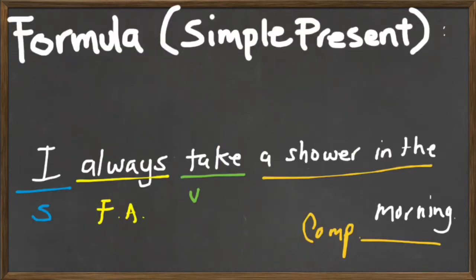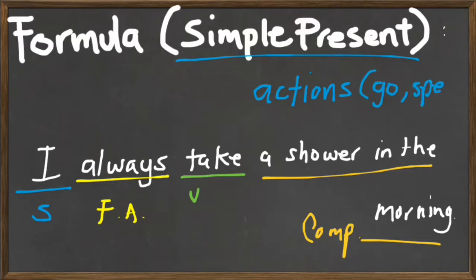Okay, now the second formula is for the simple present, and this is for all action verbs. Actions such as go, speak, live, have, play, etc. In the example, I always take a shower in the morning, you notice that the position of the frequency adverb is a little bit different.